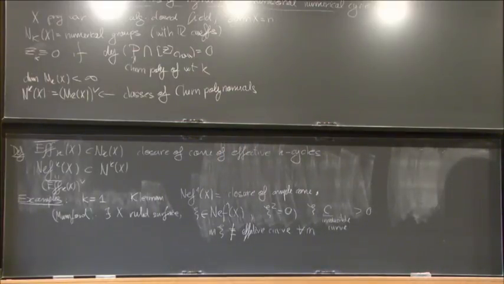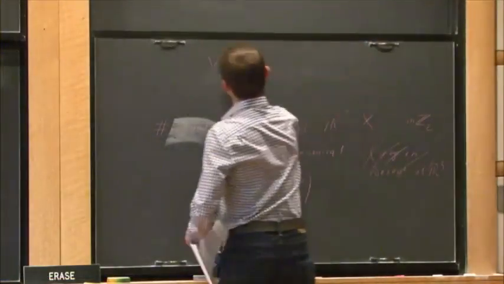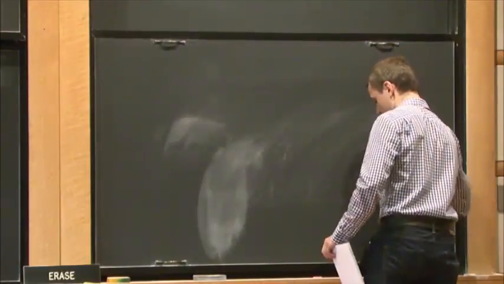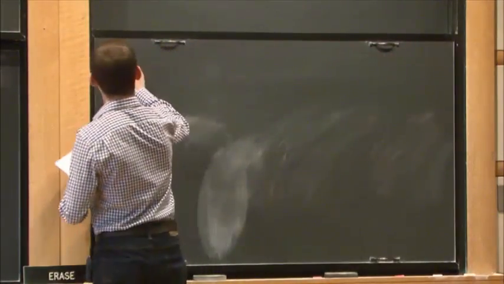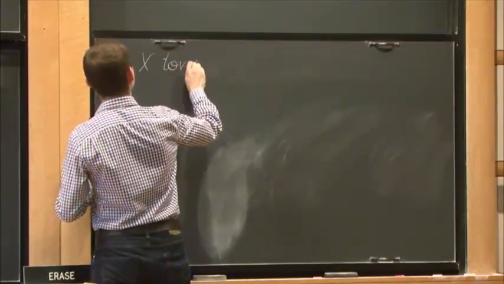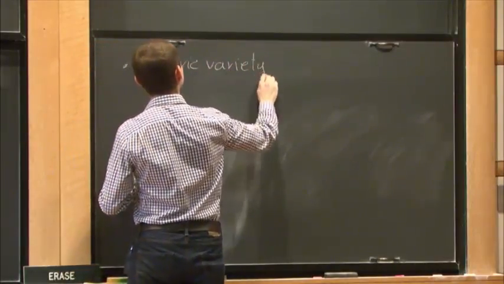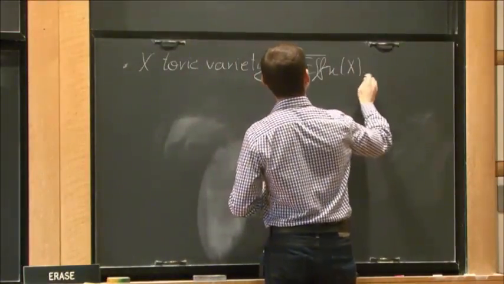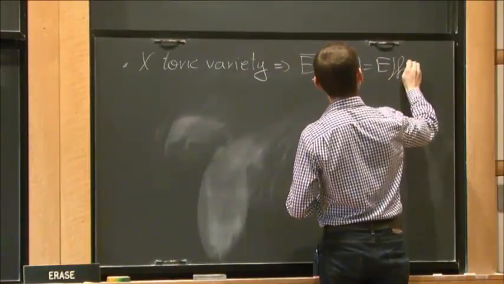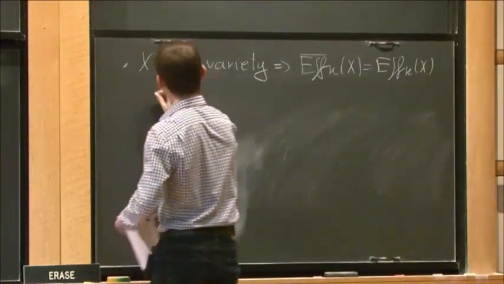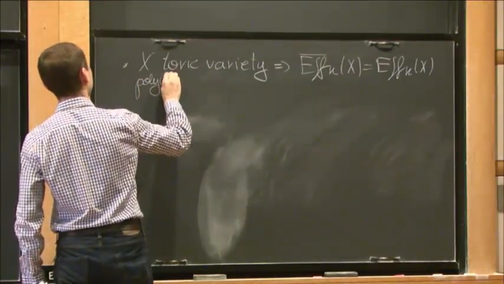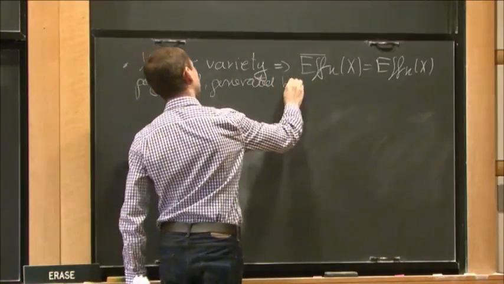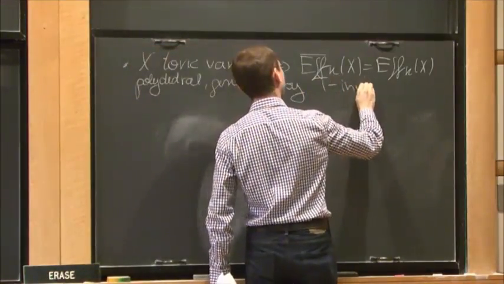Okay. So that's the classical setting. What can we say about some examples in higher codimension? So it's standard here to look at toric varieties. Then we can compute that these guys are polyhedral. They're actually equal to the effective cones. So they're polyhedral, generated by T-invariant subvarieties.